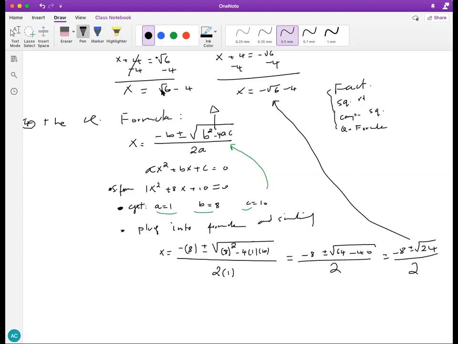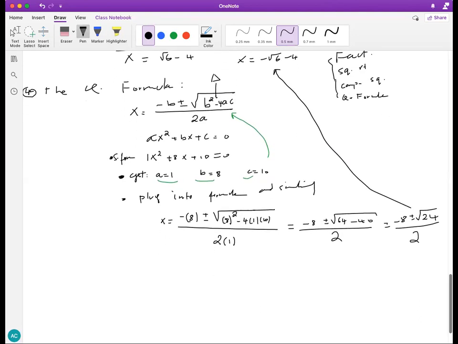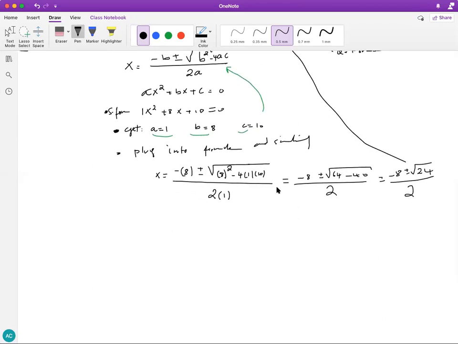But since we got these solutions in this form, let's prove that this is exactly the same as these two. We're just going to do a little bit of factoring and some basic radical simplification as we did the other day. That's the reason we learned radicals, so we can use them here, especially with quadratic equations. We're going to apply all the rules of addition, subtraction, multiplication, and division we learned about radicals two classes ago.